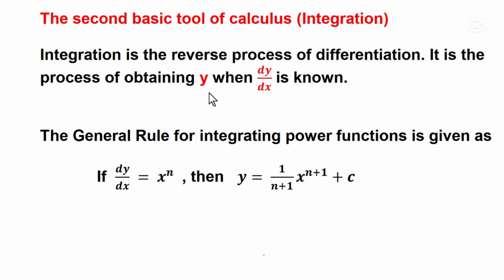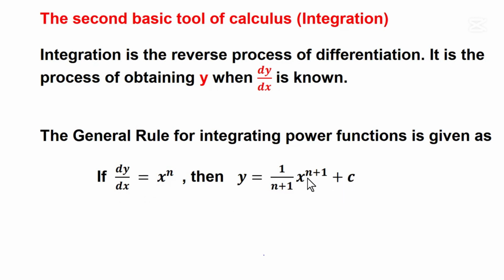It is a process of obtaining y when dy/dx is known. And this process can be achieved by applying the general rule for integrating power functions. If dy/dx is equal to x to the power of n, then y is equal to 1 over n plus 1 times x to the power of n plus 1, plus c.